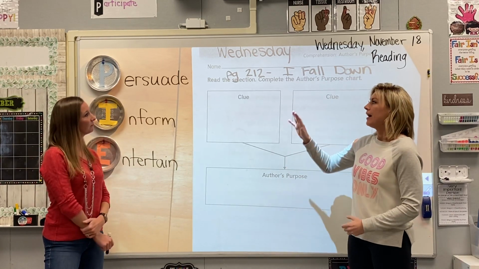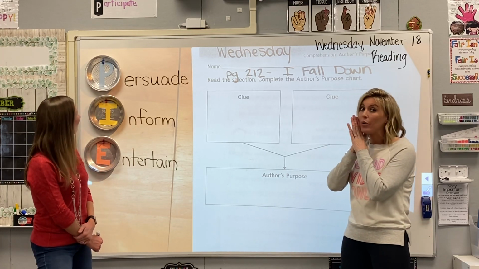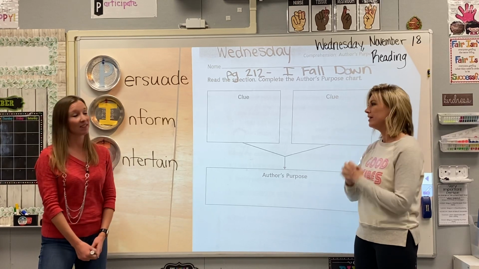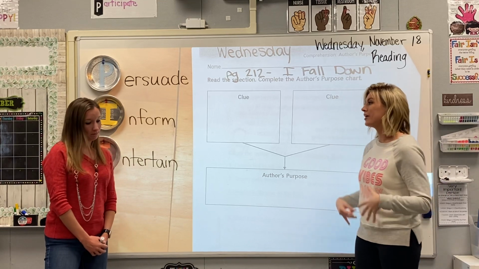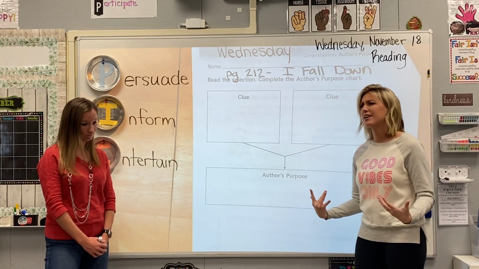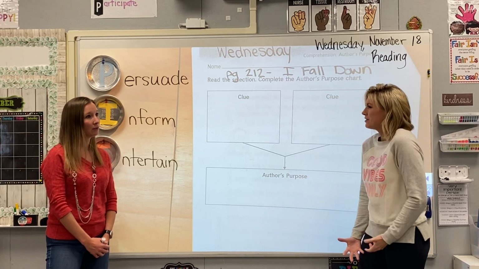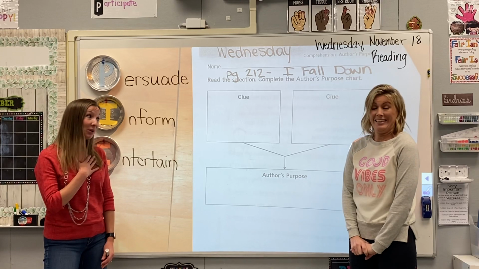Okay. So I'm going to give you a hint. I don't think the author's purpose was to persuade you that gravity exists, because guess what? It exists. When you're feeling really bored and you want to sit down and enjoy a nice entertaining book, do you turn to a science book to learn about gravity? I don't personally.